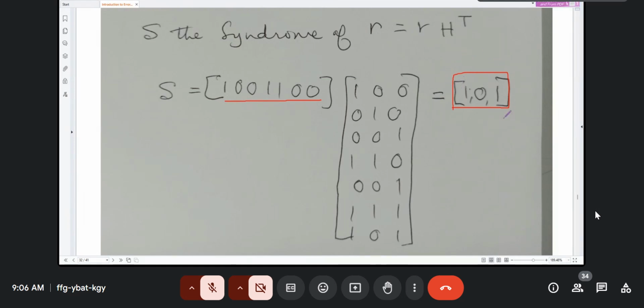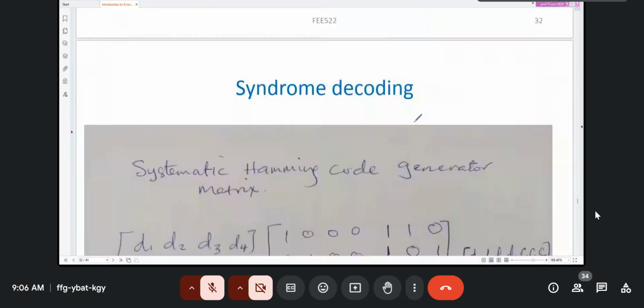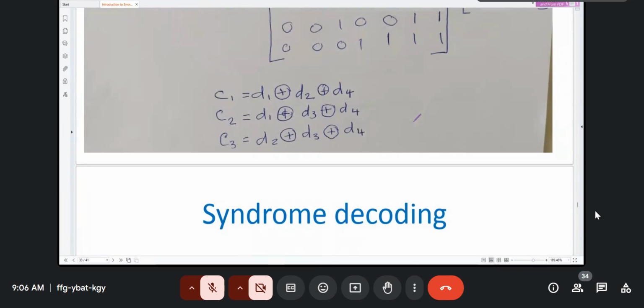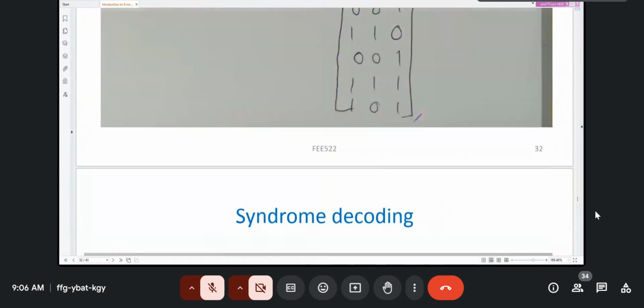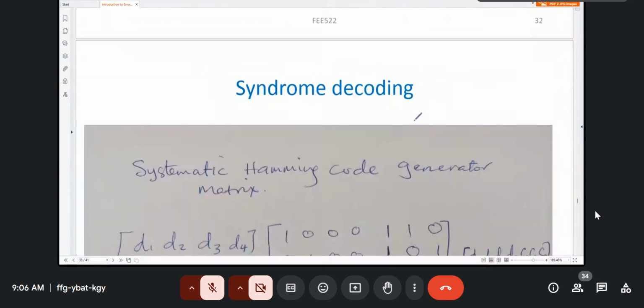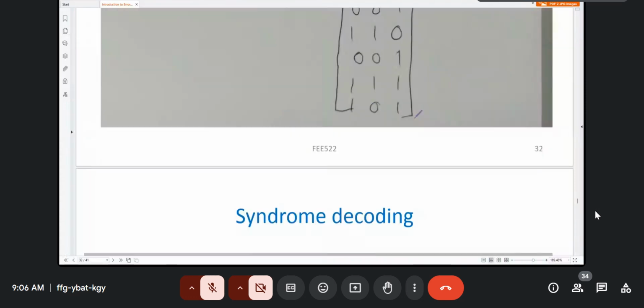The presence of a syndrome which is not zero, that is error detection. It has told us there is an error. But how does it tell us which error it is? I think it will become clear if I explain this.